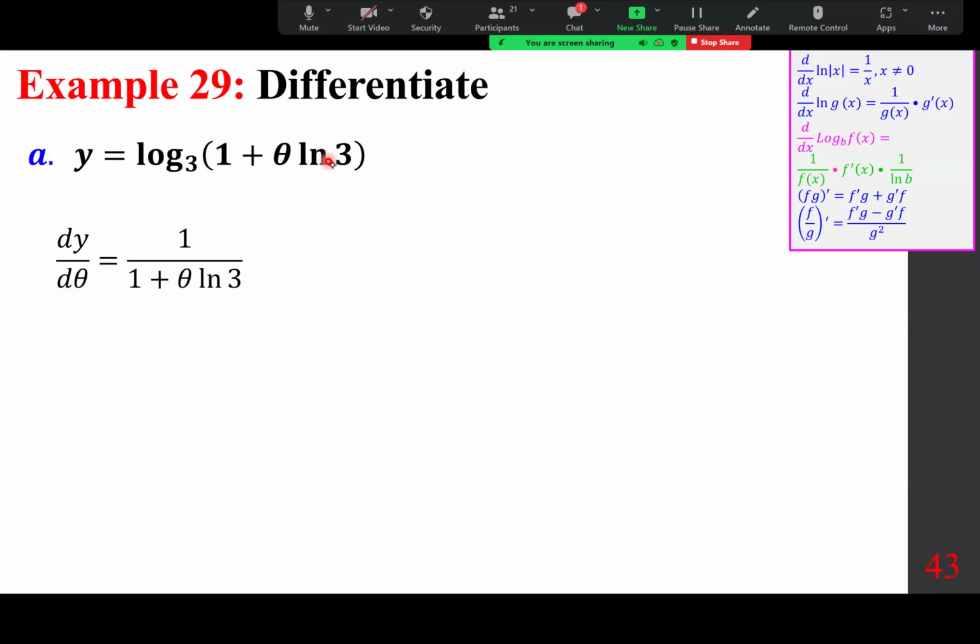By the chain rule, we need f prime of x. In this case, we need the derivative of theta here. This gives you 0, this gives you ln 3. Please understand the derivative of this argument is the number ln 3. ln 3 is just a number. Okay.